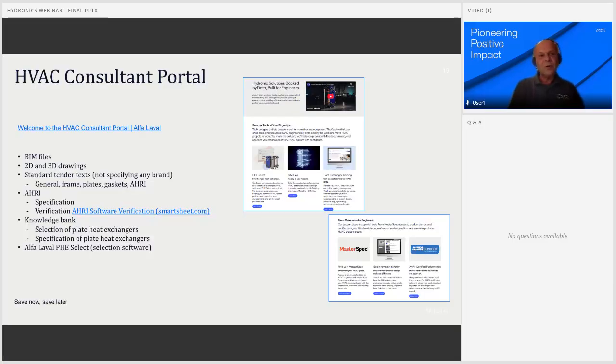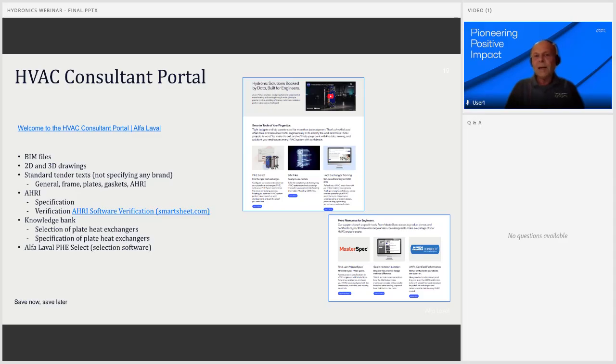I also would like to take the opportunity to show you our recently renewed consultant engineering portal. I think at this stage in modern times, our aim is to share all the knowledge we have with the engineering world. And of course, later on, there's a possibility to see where to get the information.